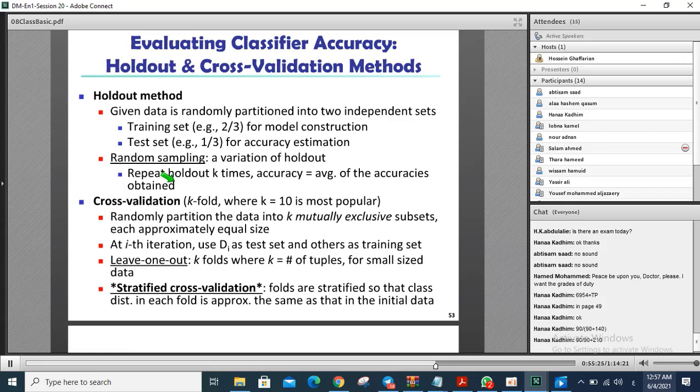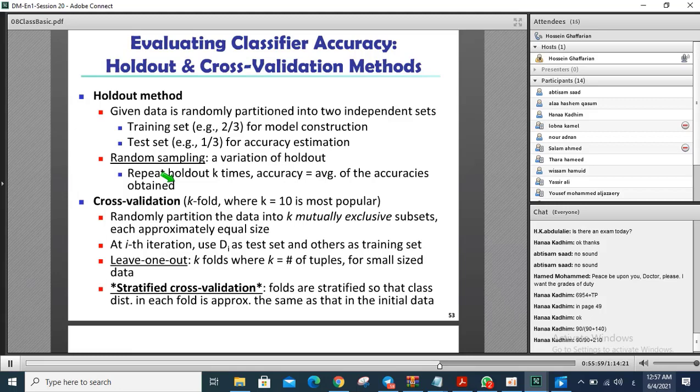So I'm looking for a method to split the data set into two separate parts, training set and test set. The simplest method is the holdout method. In the holdout method, I'm randomly partitioning the data set into training and test sets.